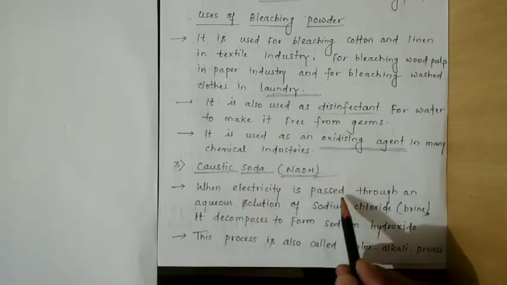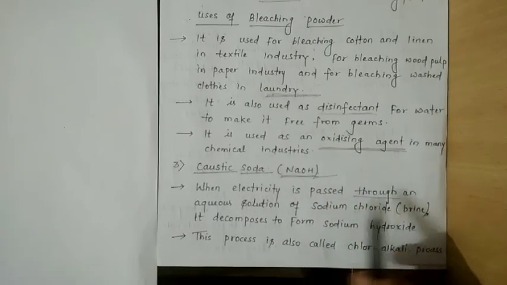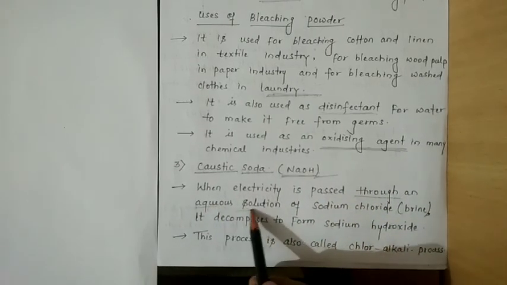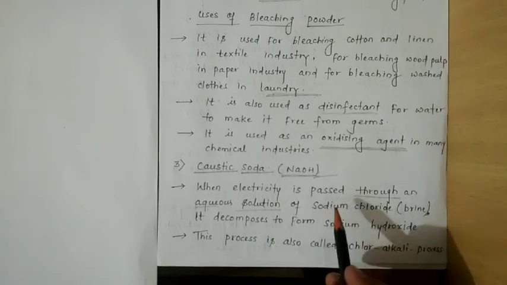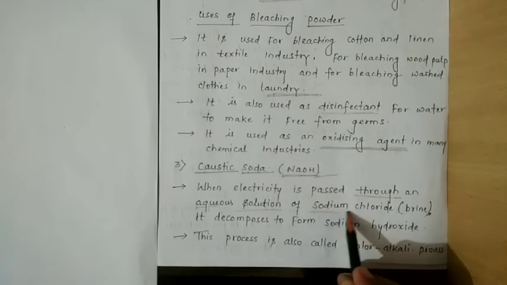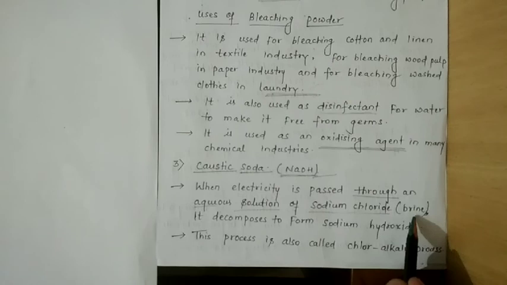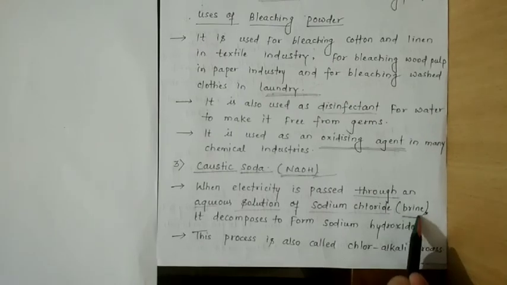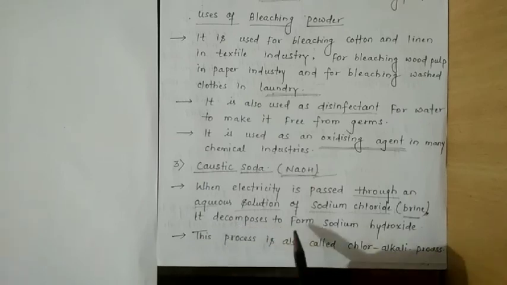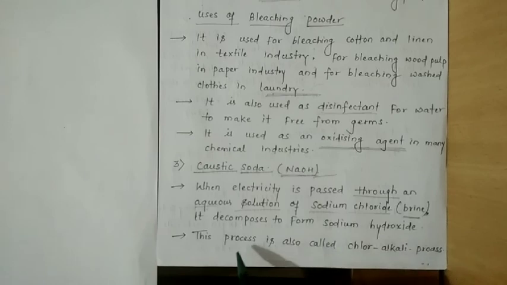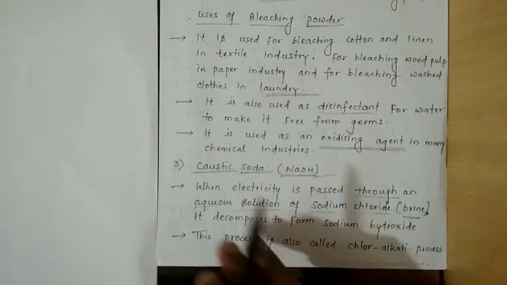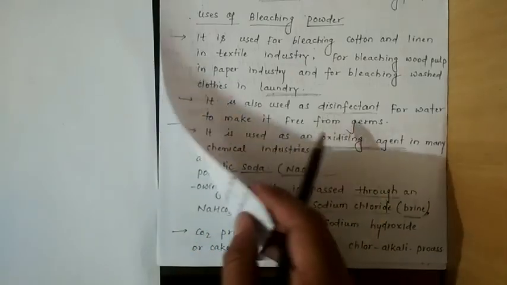Now when electricity is passed through an aqueous solution, aqueous solution means solution containing water, of sodium chloride, that is also known as brine solution, sodium chloride NaCl, you know it. So it decomposes to form sodium hydroxide, and this process is also called the chlor-alkali process.